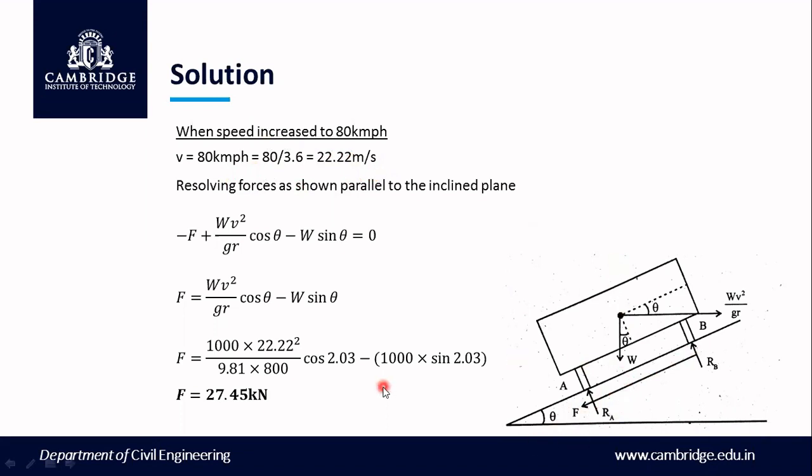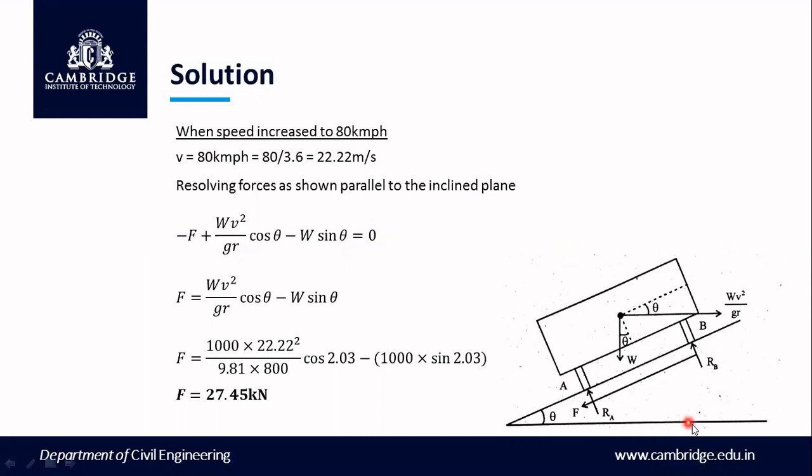So now, resolving all these forces with respect to the inclined plane. We need to resolve all the forces with respect to this plane. So I can write this as minus F. Then I have the horizontal component of this force, that is WV square by GR into cos theta, in this direction, and the component of the weight W in this direction, so minus W sine theta.